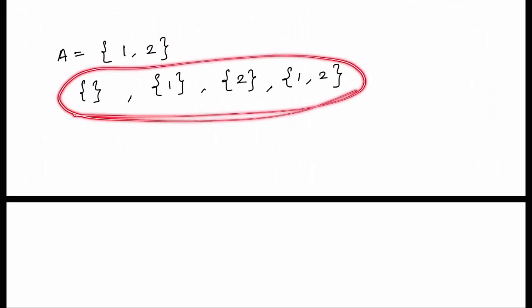Okay. Similarly, I can write a set that has elements 1 comma 2, 1 and 2. So this set is also a subset of set A because every element of this set is in set A. Okay. So these are the four possible subsets. There cannot be more than these four subsets.